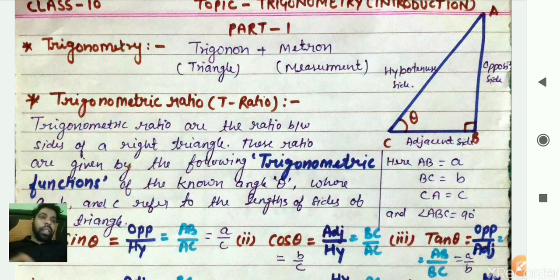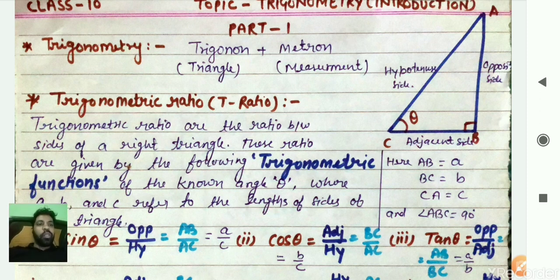Here I would like to change a little thing, because we are talking about angles and sides. If we talk about one angle, make sure its opposite side will be the perpendicular side, its adjacent side will be the base, and remember the side opposite to the right angle is always the hypotenuse. I hope you got it.